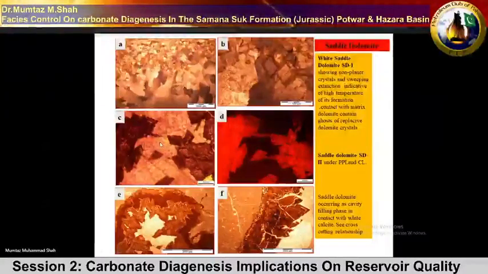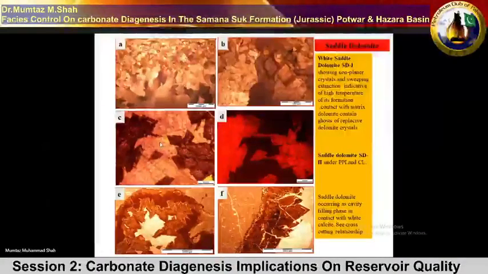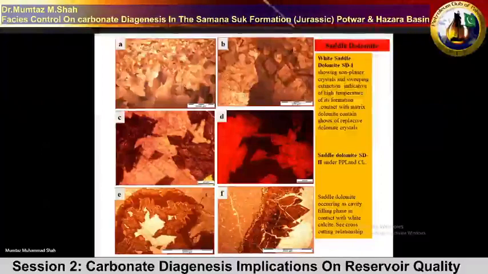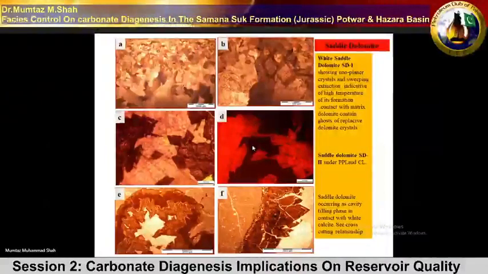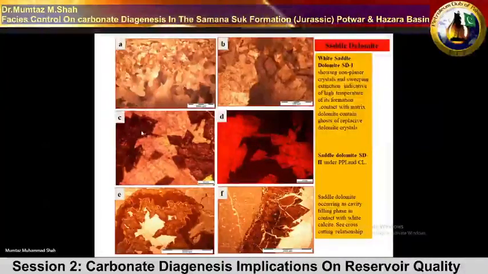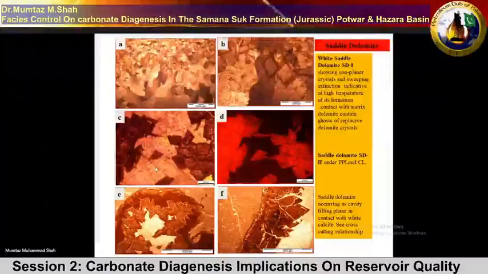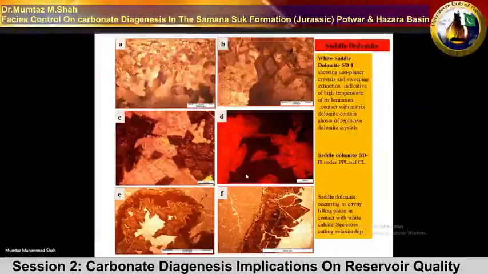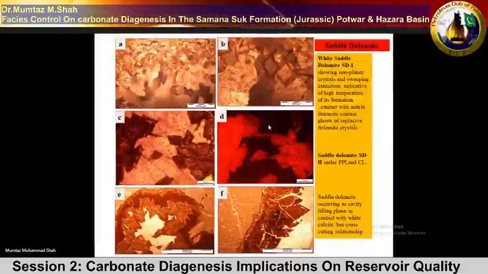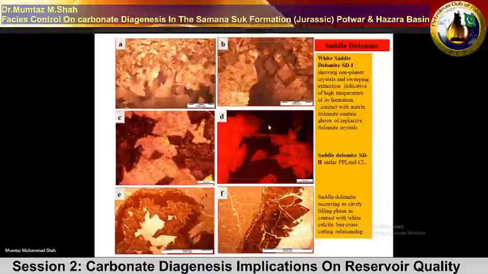In figures C and D, we have the polarized microscopy and the CL microscopy representing the growth of these dolomite crystals, and the open spaces are being filled by calcite, which can be observed under the CL, where the dull luminescence orange color is represented by calcite.